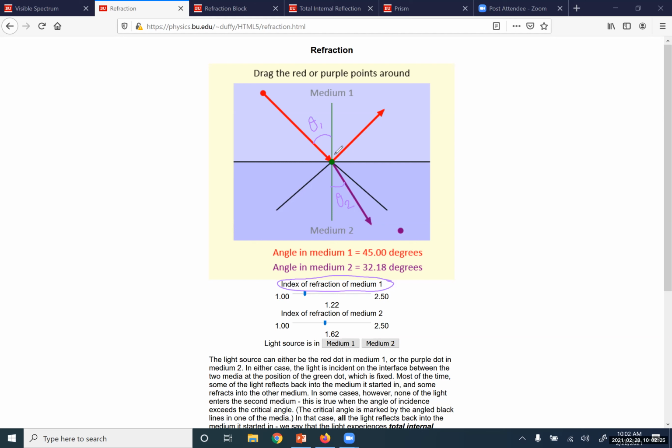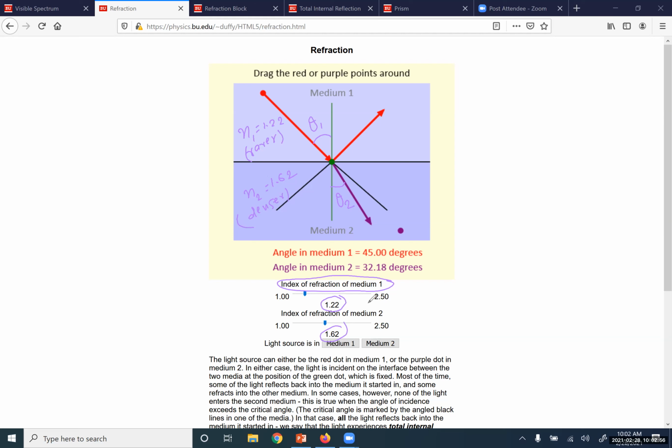So in this scenario now, the refractive index of the first medium is 1.22, and the refractive index of the second medium, N2, is 1.62. If you compare these two, this will be the rarer medium and this will be the denser medium.